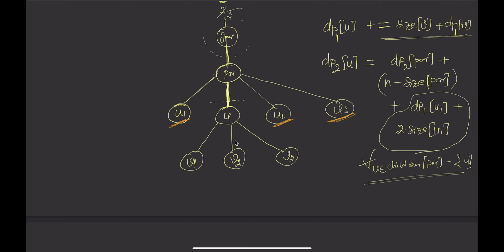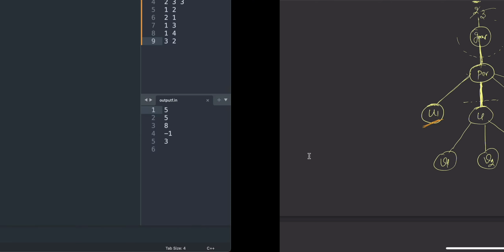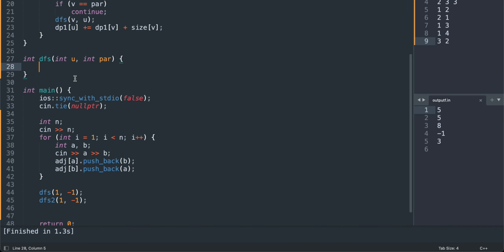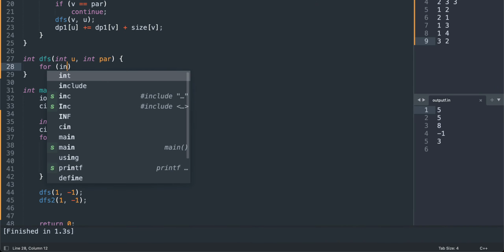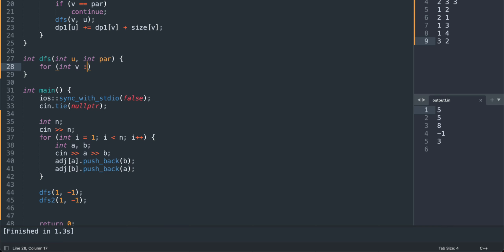U will be the parent and these nodes' sum, then only v1 will be able to calculate itself. Because what if for 1 there won't be any parent? I think, yeah, it's better to write in terms of v1, v2, v3 only. So let's traverse over all the nodes over the adjacency of u only, right?